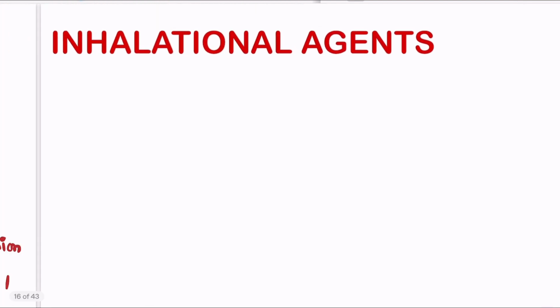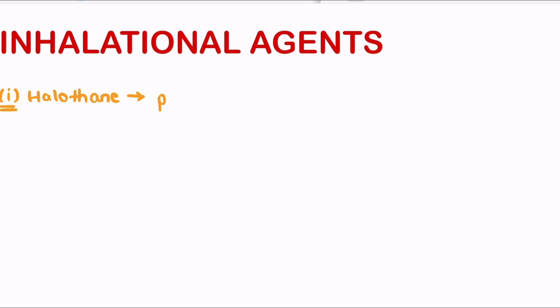Next, we are going to see about inhalational agents. The first inhalational agent is halothane. Halothane is preferred in asthmatics.